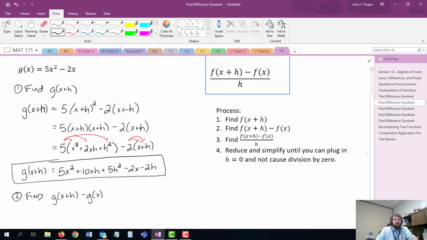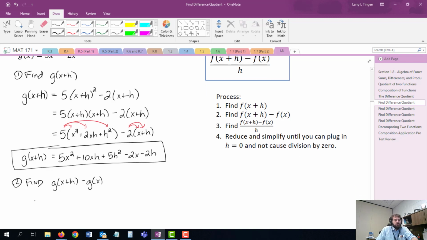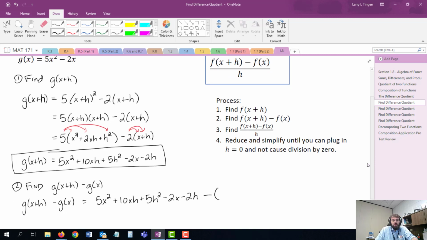Okay, and all that is just the entire numerator of the difference quotient. g of x plus h we just found, minus g of x is equal to all of that, 5x squared plus 10xh plus 5h squared minus 2x minus 2h minus, and then what is g of x? It's the original function. What is the original function g of x? It's 5x squared minus 2x.